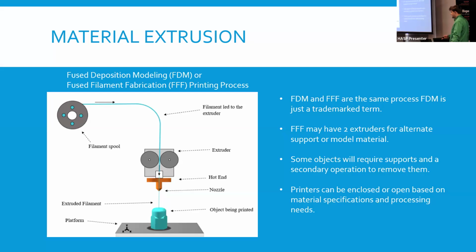So sometimes, like you're seeing on this part right up here that was passed around, you could have a support material that might be water soluble or something easier to break off than what's currently on here. Or if I wanted two different colors on this, that's how I would do it.